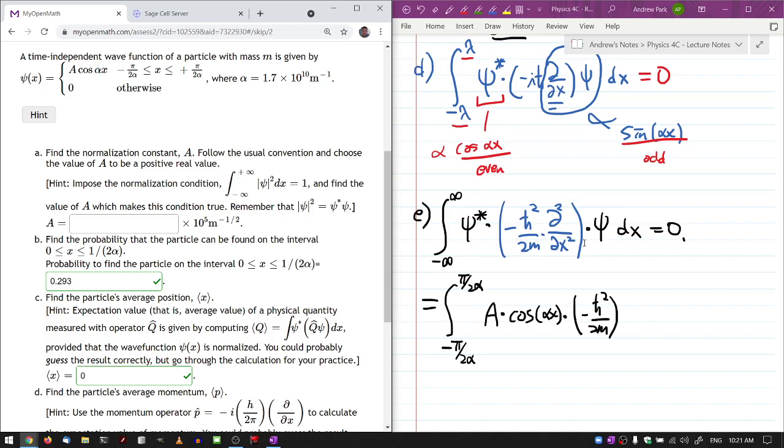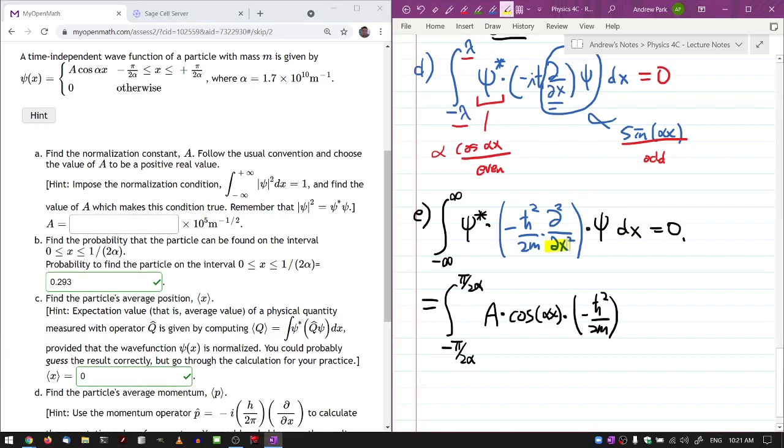So when I take the two derivatives of psi with respect to x, what I end up with is the coefficient A times alpha squared times minus cosine alpha x, dx. Note the remarkable simplifications here. The minus signs cancel out, and let me factor out a bunch of things.